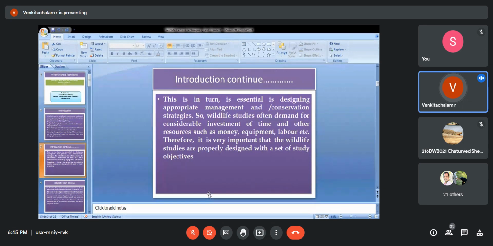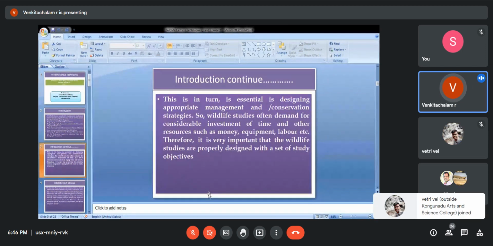And the census method helps us to prepare a management plan for senior people, meaning higher authorities and managers. Wildlife studies often demand considerable investment of time and other resources such as money, equipment, labor, etc. Actually, we have to spend a lot of time in the forest.